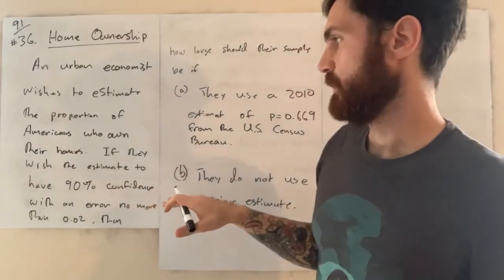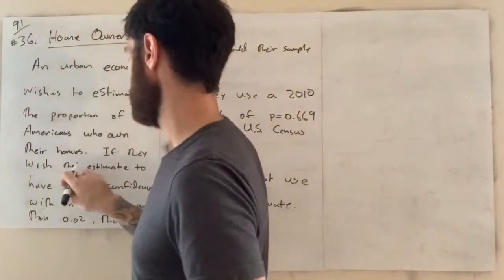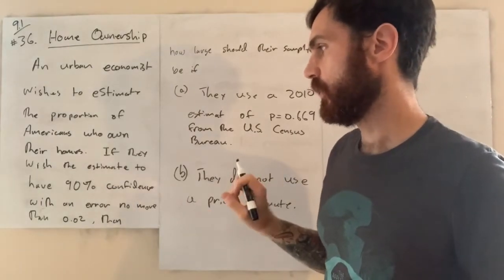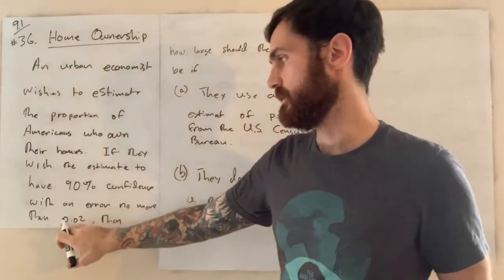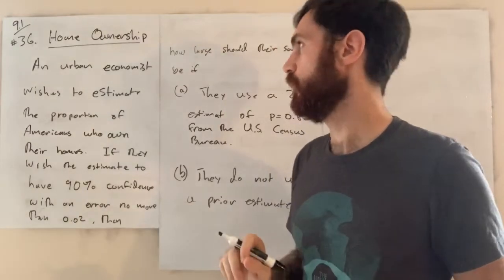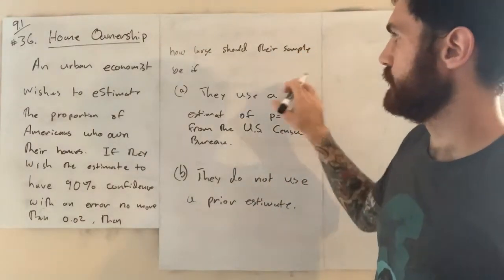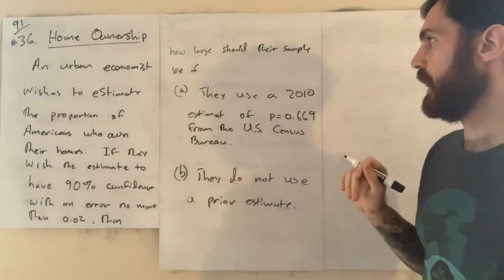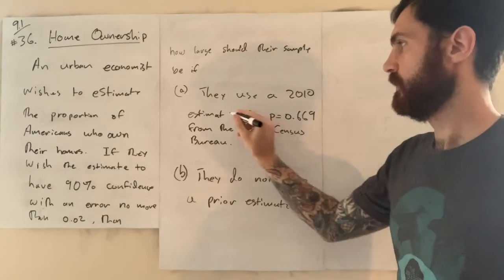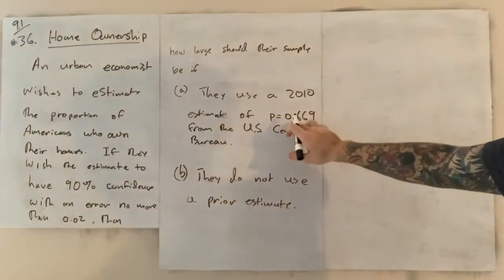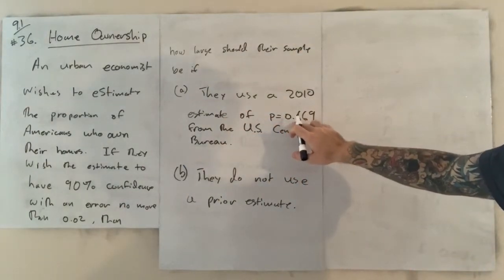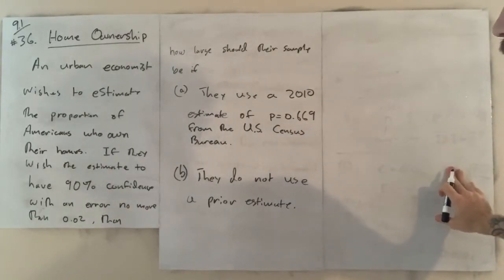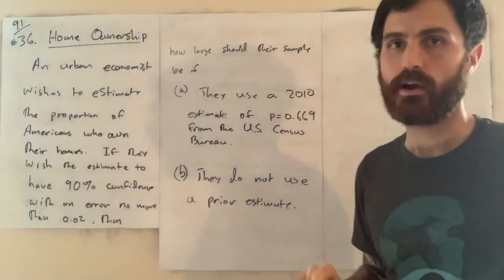If they wish to have 90% confidence with an error no more than 0.02, then how large should their sample be if, and we have two parts, A, they use a 2010 estimate of the parameter being 0.669 from the US Census Bureau, or B, they do not use a prior estimate.